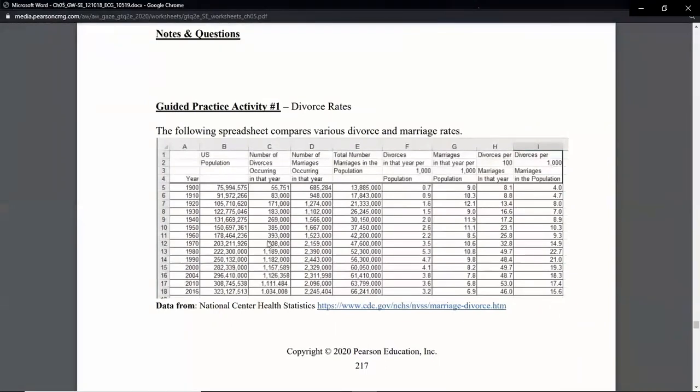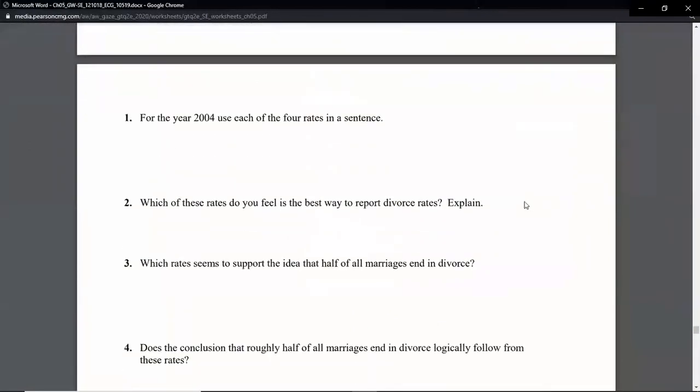But if you go further back, 1970 and on, it becomes less true. 700,000 versus 2 million, it's not the same as just doubling. 400,000 versus 1.5 million, that's definitely not true. So at some point around the 70s and 80s, this pattern changed. And they have you look at these in all sorts of different rates and just try and say, well, which one is kind of the best?